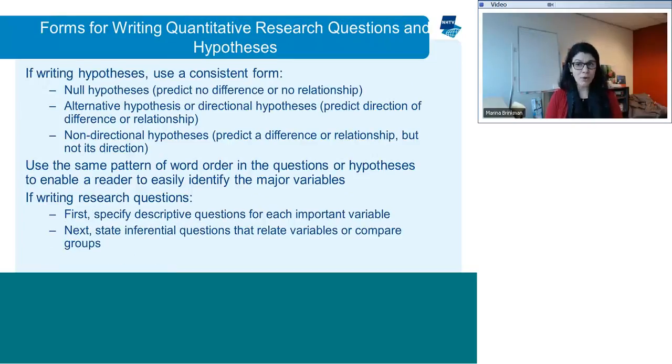So when writing hypotheses, this is not really new. We work with the null hypothesis, which says that there's no difference or no relationship between variables. We formulate alternative hypotheses or directional hypotheses, which do predict differences between groups and relationships between variables.